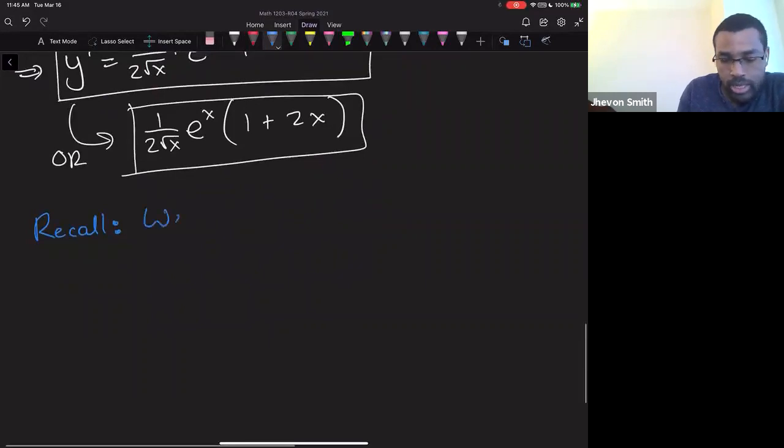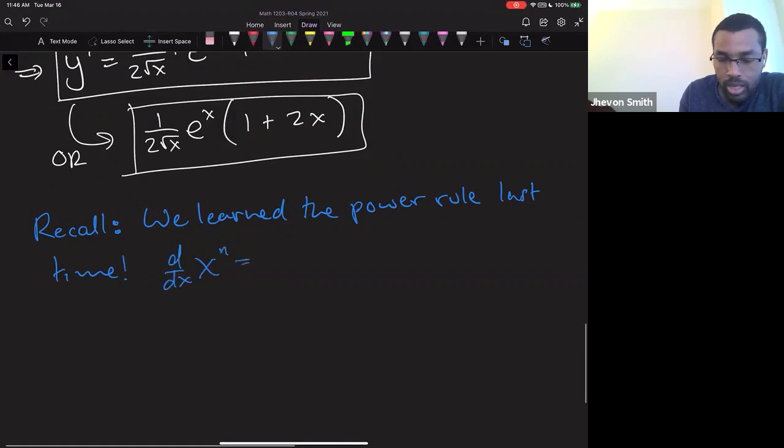Also recall, we learned the power rule last time. This was the one that says the derivative of x to the n, where n is a constant, is nx to the n minus 1.